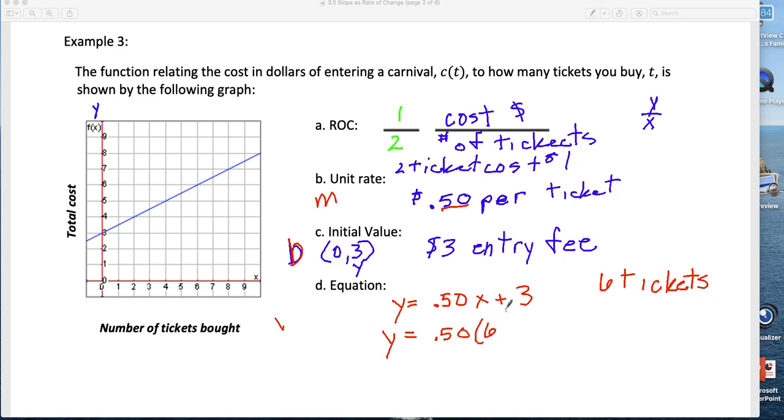There's my 6 tickets, plus $3. And if I buy 6 tickets, that is going to be $3, I believe. So my cost at the carnival would be $6. Does that make sense?